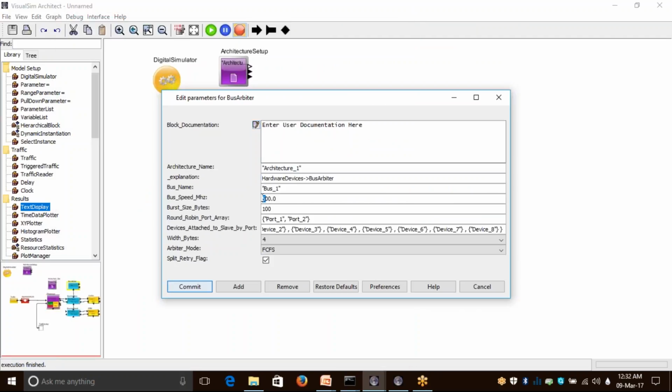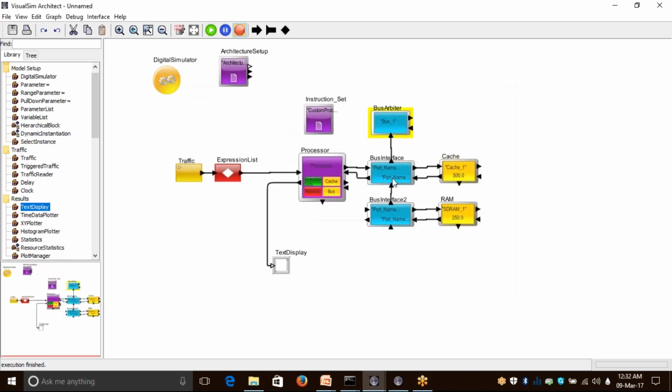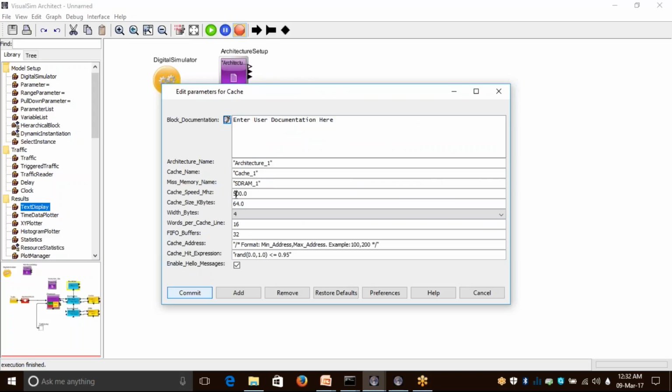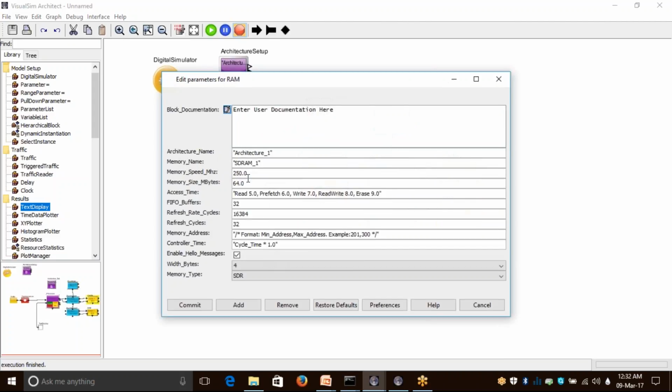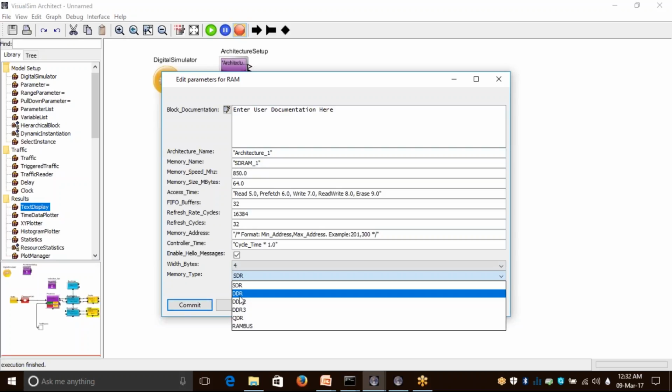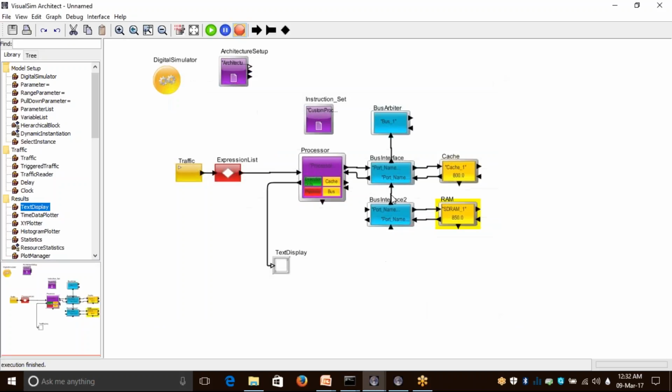Okay, I'm going to run this at the same speed at which I'm actually running, or maybe close to 800 megahertz. I'm going to run this at 800 megahertz, and this at 850. I just changed this to DDR type.